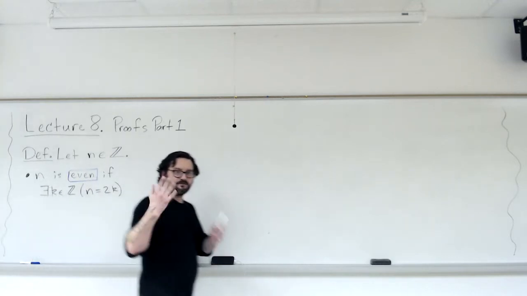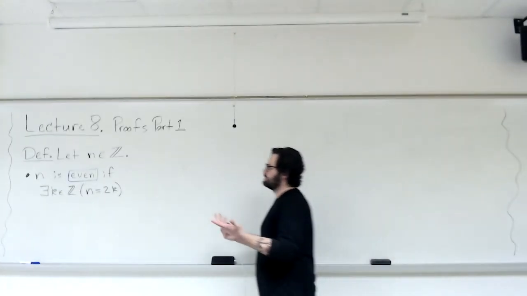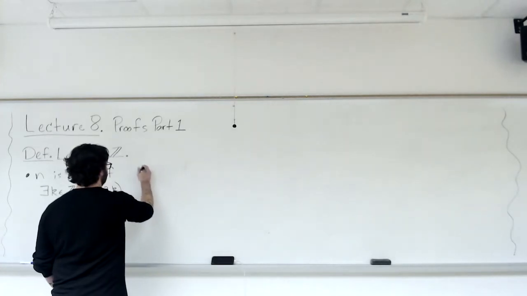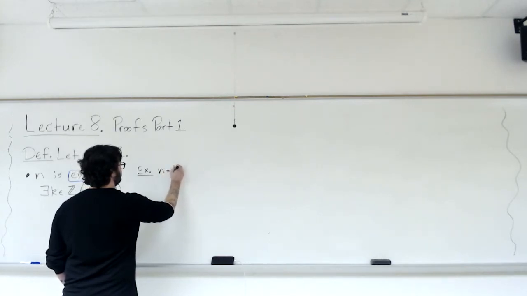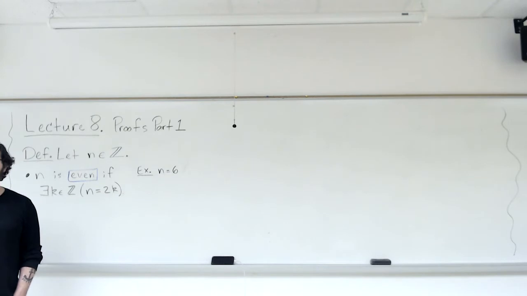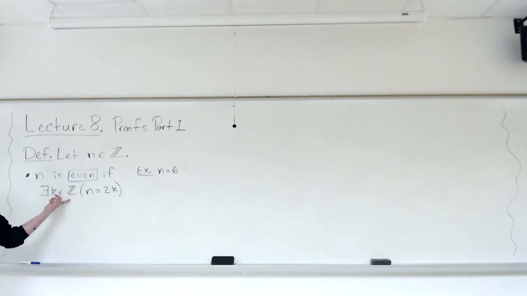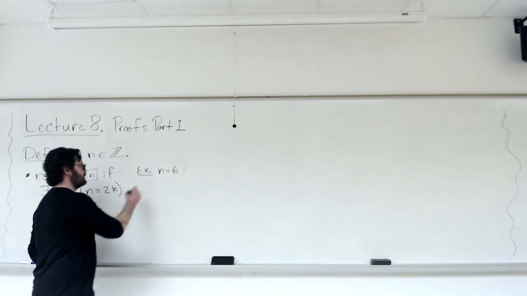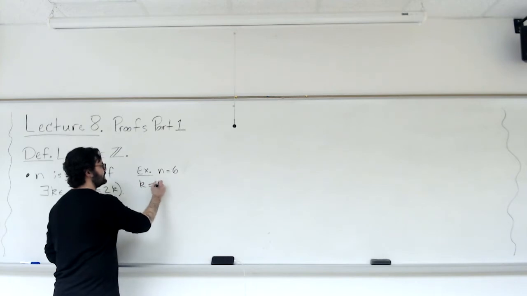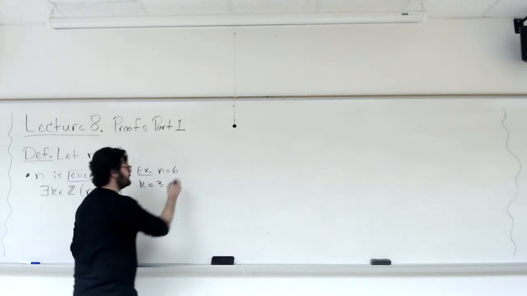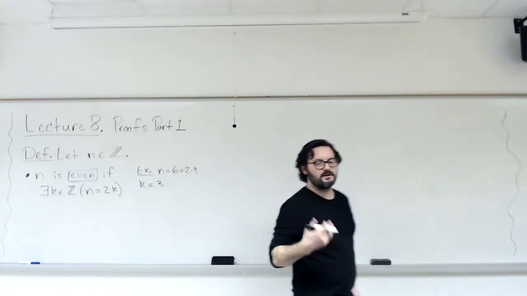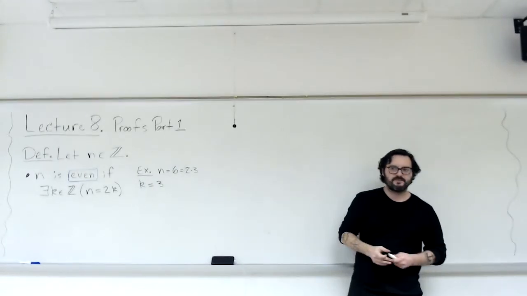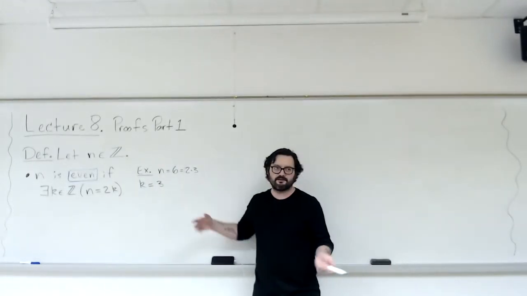All it's saying is that if you can find some integer k, like for example, what if n is equal to 6? In order to show that that's even, we have to show that there's at least one integer so that n is equal to 2 times that integer. So here, k would be what? 3, right? Because this is equal to 2 times 3. Okay, so showing the existence of such an integer proves that it's even. If there is no such integer that satisfies that, then it's not even.